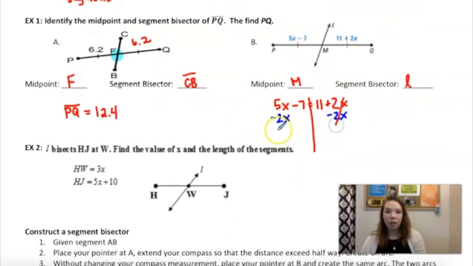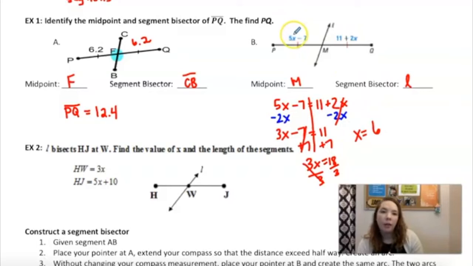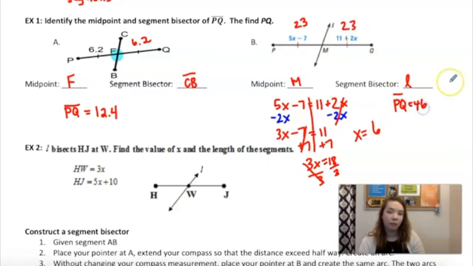So we get 3x minus 7 equals 11. Add 7 to both sides, and divide by 3 on both sides. So x is 6. If you plug it back in, 5 times 6 is 30, 30 minus 7 is 23. This should also be 23, and if we check, 2 times 6 is 12, plus 11 is 23. So PQ all the way across is 46.